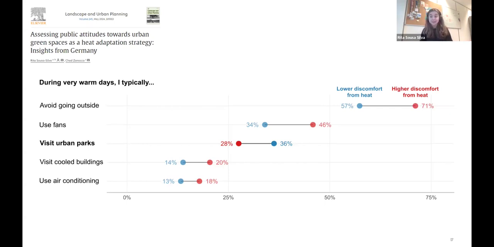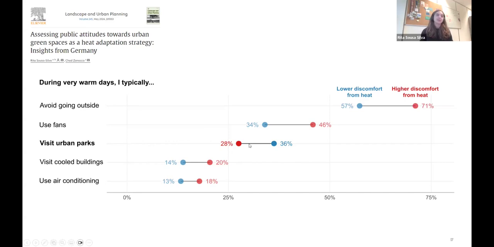Sometimes the homes can get really warm as well. So we asked about using fans, and we looked at visiting urban parks, which still ranks above going to other cool places like movie theaters, a shopping mall, a library. So it's still ranking higher, but not as high as we had hoped for.